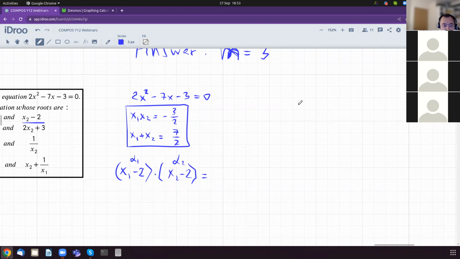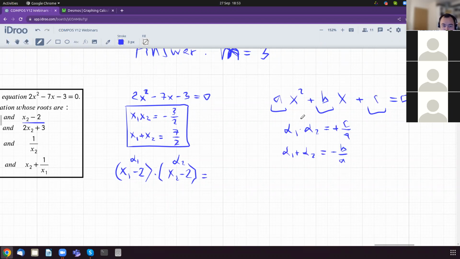We'll have a quadratic equation with coefficients A, B, and C. And we know that alpha 1 multiplied by alpha 2 will equal plus C over A, and alpha 1 plus alpha 2 will be equal to minus B over A. So we're looking for a quadratic equation, and we need to find C over A of the future equation. It is this.